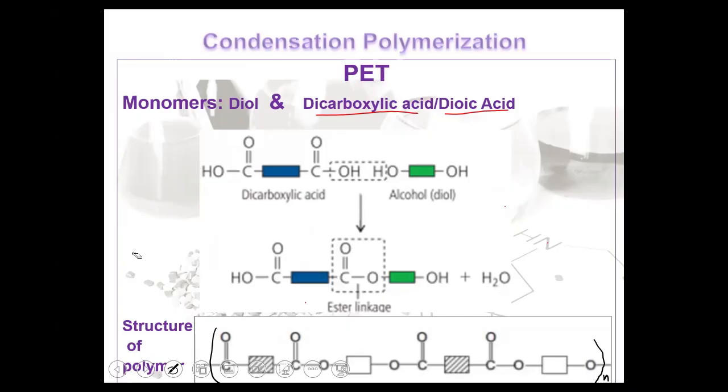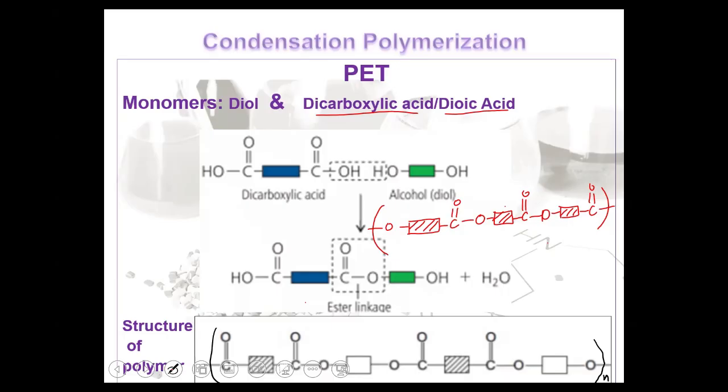So suppose this is your three repeat unit structure and this is one monomer containing polyester.